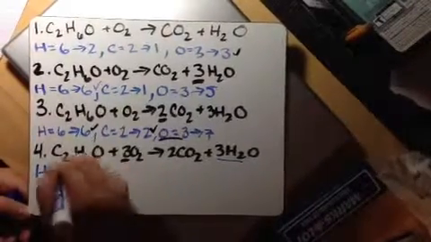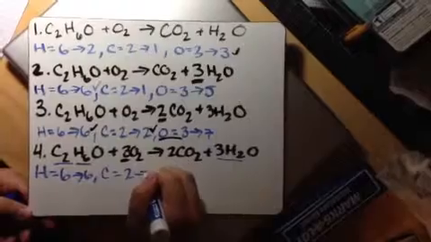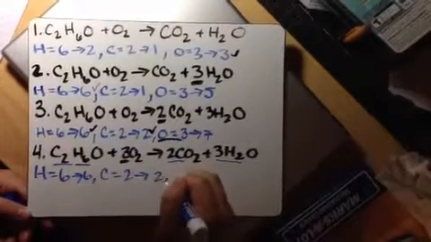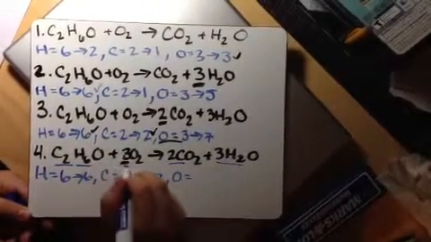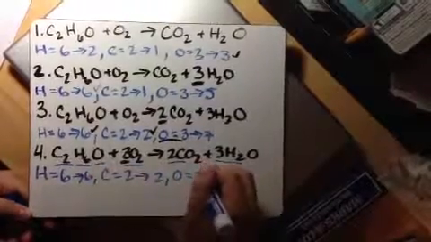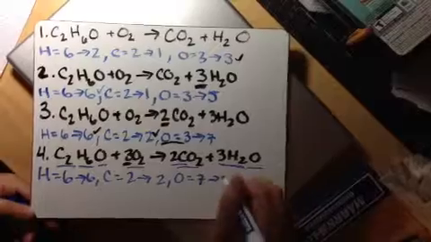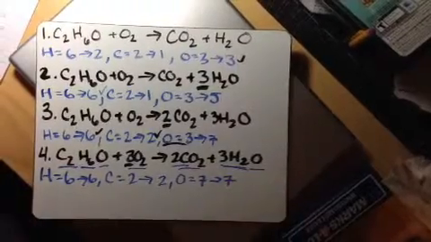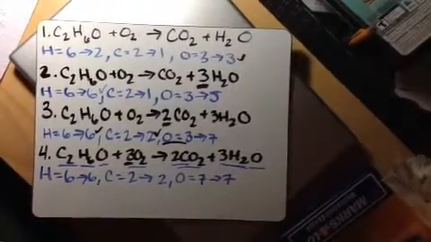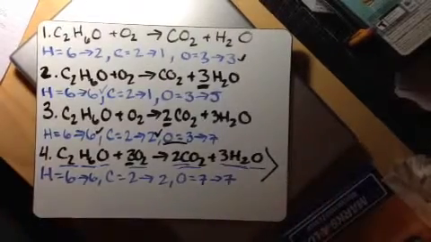For carbon, we've got 2 creating 2. And for oxygen, we've got 6 plus 1 is 7 creating 4 plus 3 is 7. So we have our final equation for that.